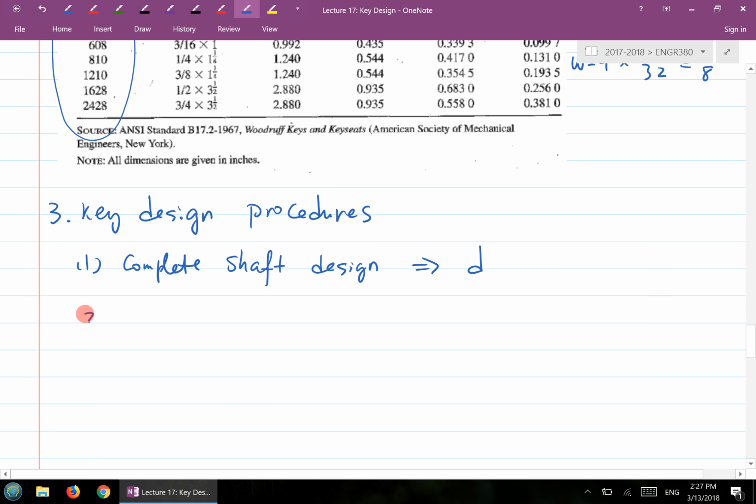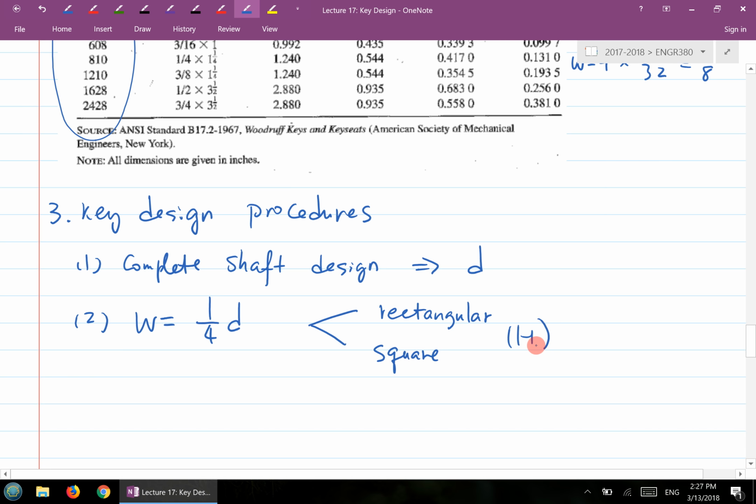Once you have that determined, we can use this empirical formula to decide our W: 1/4 times the shaft diameter. From here it really depends on the size, so it could be a rectangular or a square key.